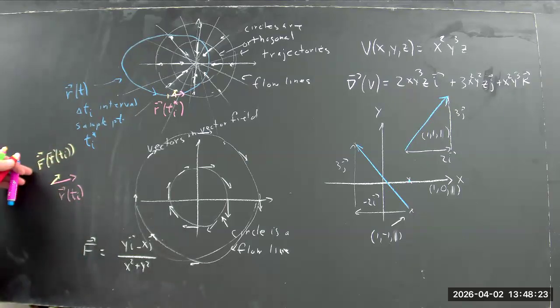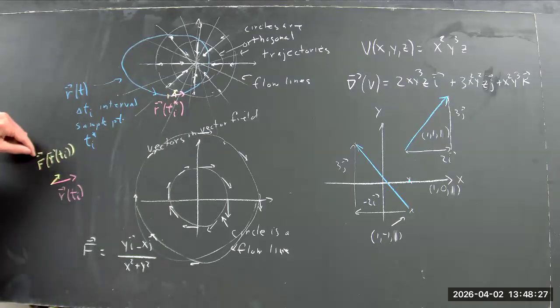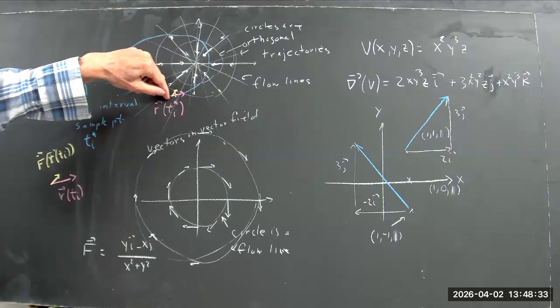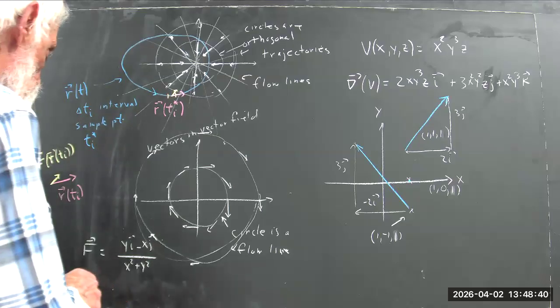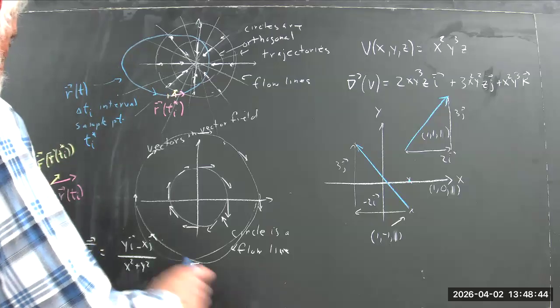You have your force F, which is the force field evaluated at the point R of ti. Remember, R of ti is just a vector from the origin up to this point, right? So that's a force at this point. And it's ti star in both cases. It's your sample point.